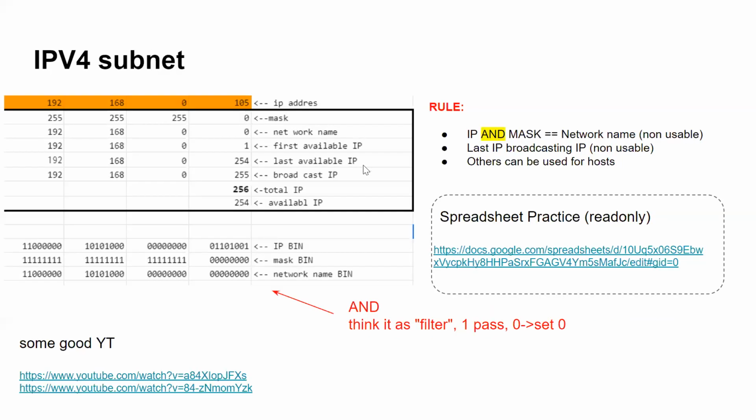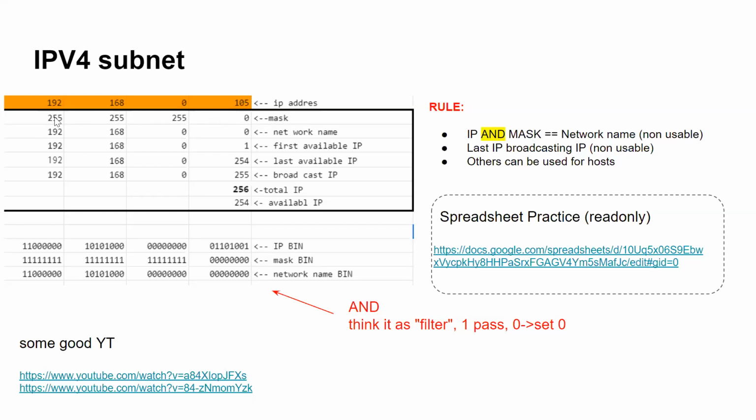Okay, so here we have a spreadsheet that calculates the total amount of IPs and a lot of other things. At the top, highlighted in orange, you input your IP address, and you also put in your mask.